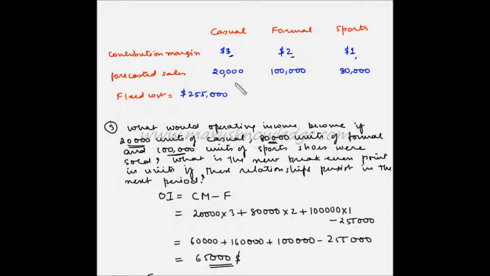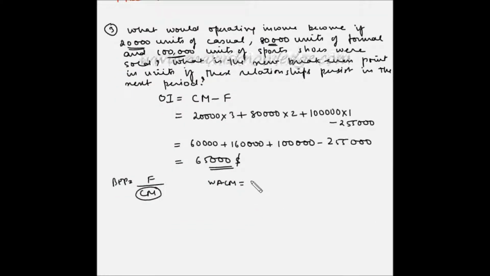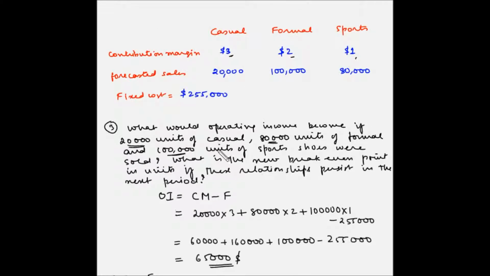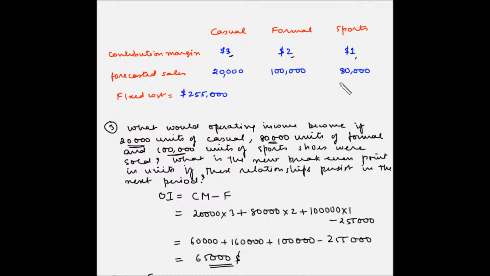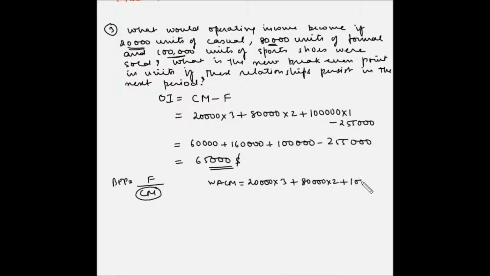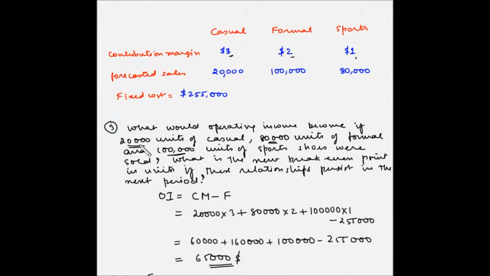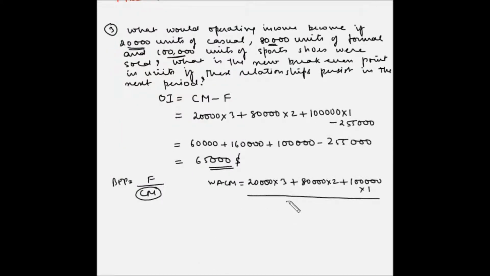So for casual, the contribution margin will be 20,000 multiplied by 3 plus 80,000 multiplied by 2 plus 100,000 multiplied by 1. And this divided by the total number of units, which is 20 plus 80 plus 100, which is 200,000 units.